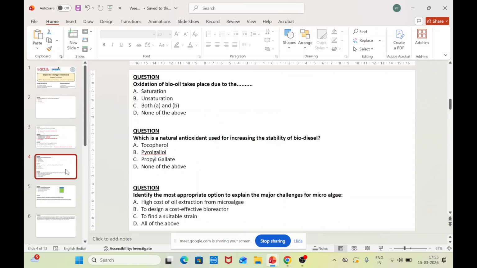Oxidation of bio oil takes place due to saturation, unsaturation, both A and B, none of the above.